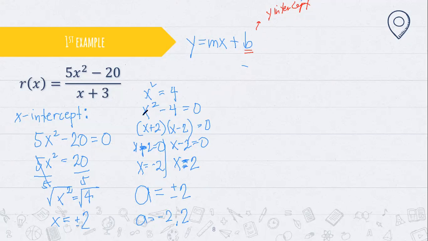Sa x-intercept, ang ginagamit nating letter is letter A. Pero dahil rational function ito, hindi natin magamit si y is equal to mx plus b in this case. Okay po, sir. Thank you po. Ginamit ko lang si y is equal to mx plus b para mapakita kung anong letter ba yung ginagamit natin for x-intercept and y-intercept. Tinulungan ko lang din kayong i-recall kung ano nga ba si y-intercept and x-intercept.